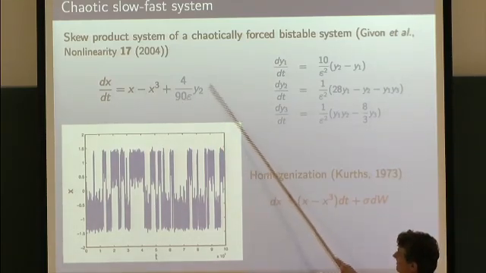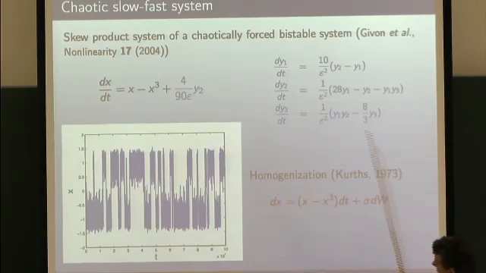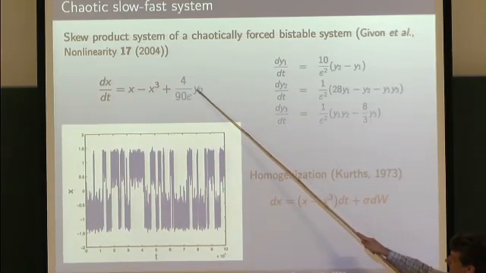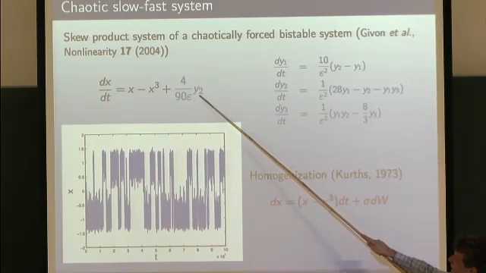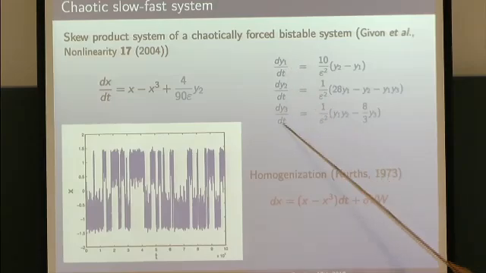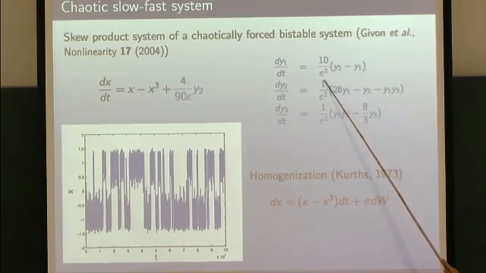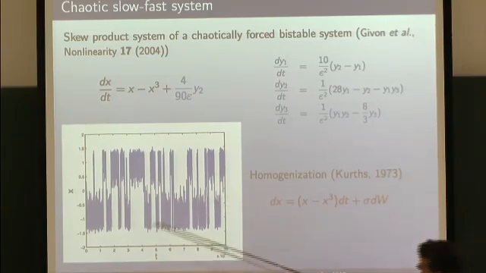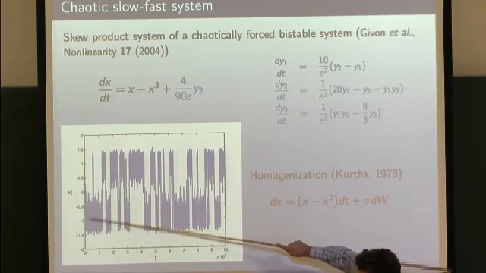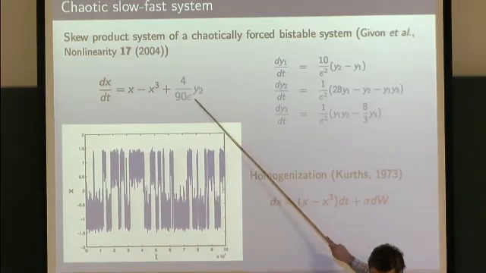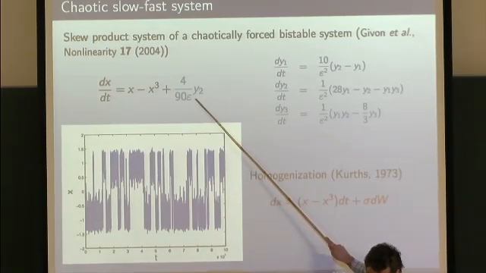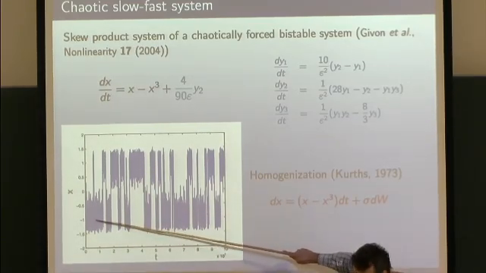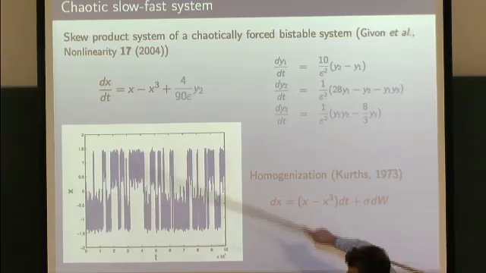But then we disturb this system here with y2, where y2 is a component of a fast, epsilon is small, of a fast Lorenz system. Okay. You can play, so this is a trajectory here, where now, driven by the chaotic Lorenz system, instead of staying at one potential well, you hop.